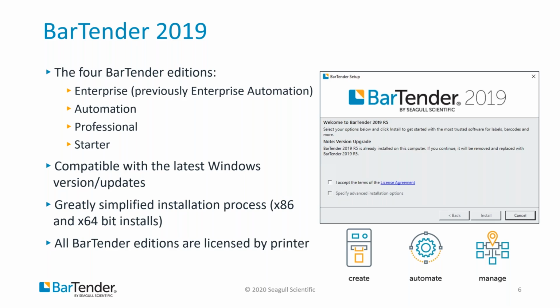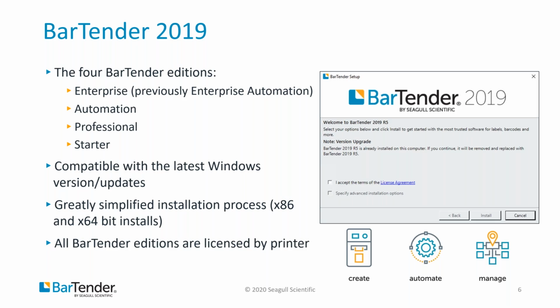Professional edition is primarily focused on connecting label design to external databases and selecting or inputting data at print time through configurable data entry forms. And finally, but not least, the new Starter edition is our entry-level offering for small businesses and departments for simple label creation and printing. Note that each higher edition contains all of the features of the editions below it.